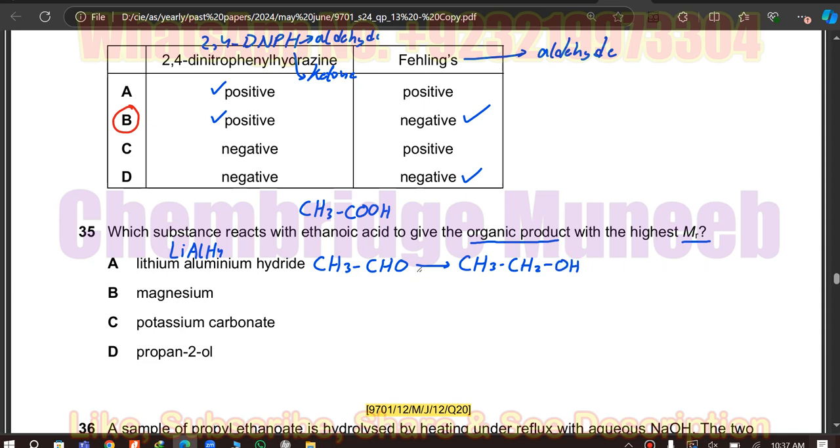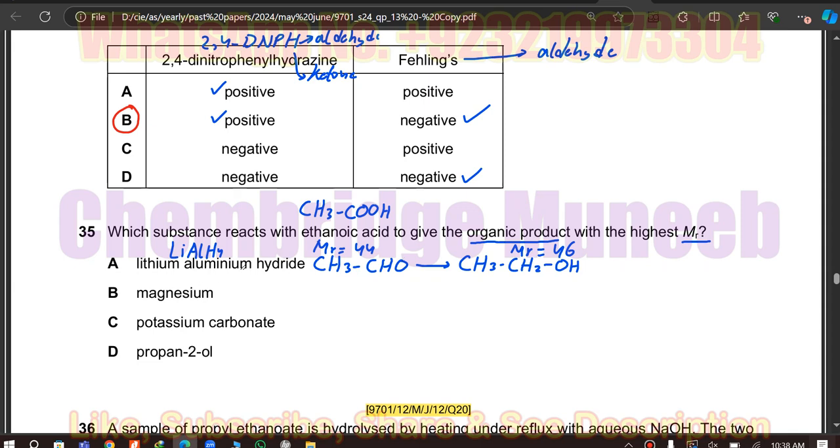Now if you find the Mr values, the Mr value of this aldehyde will come out to be 44. On the other hand, the Mr value of this ethanol will be 46 because it has two more hydrogen atoms than aldehyde. So we have found the values of these.